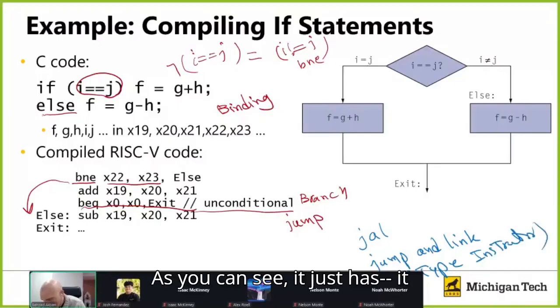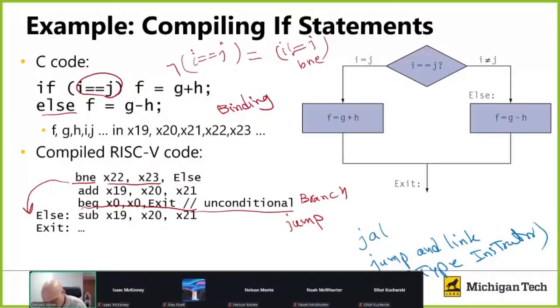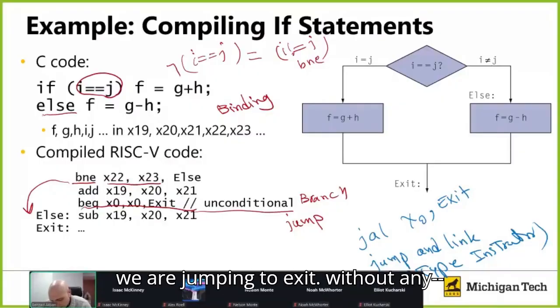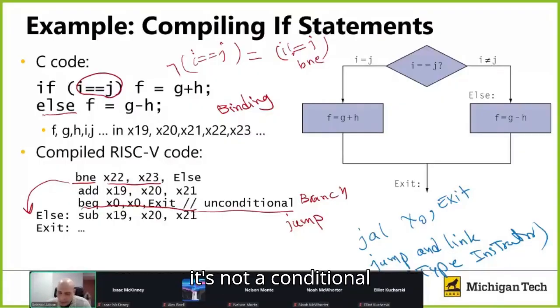As you can see, it just needs two operands. One is a register. Here we consider x0, it can be anything, and exit is a label. So it means we are jumping to exit.